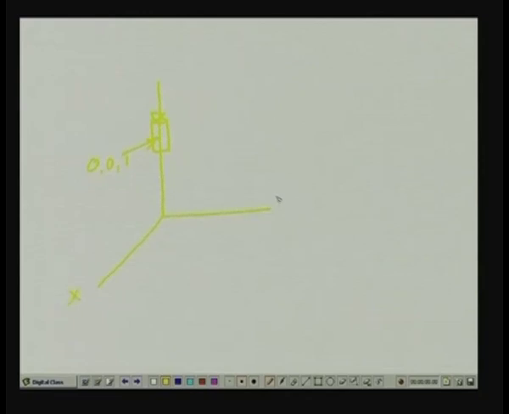This is my x axis, this is my y axis, this is the z axis. Now, if I do this transformation, then all the 3D points will be transformed by the vector 0, 0, minus 1 with respect to the camera coordinate system.